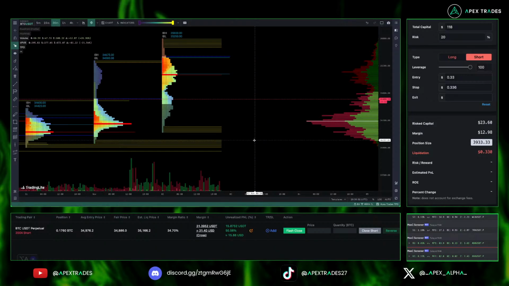Do you guys think we're going to test this value area low for the session? It's looking likely. At $20 profit now, which is okay, I guess.